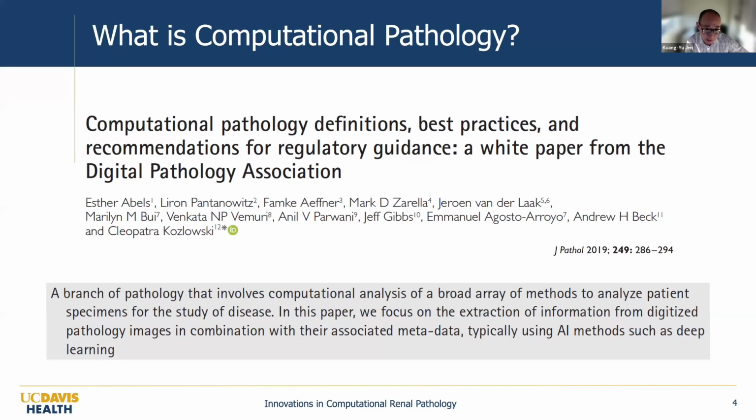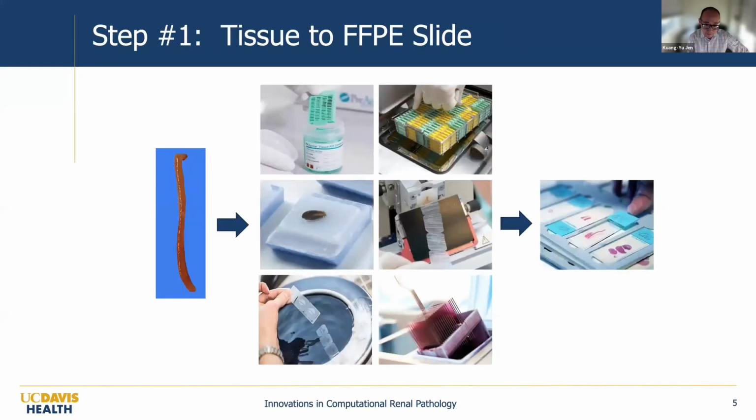So this is really what we're talking about here, which is essentially we're going to use digital pathology. First of all, as you're probably all familiar with, tissue right now is not an instantaneous process. We take the biopsy, and it has to go through many steps of processing and embedding and cutting and staining until we arrive at the microscope slide that the pathologist can use to make a diagnosis.